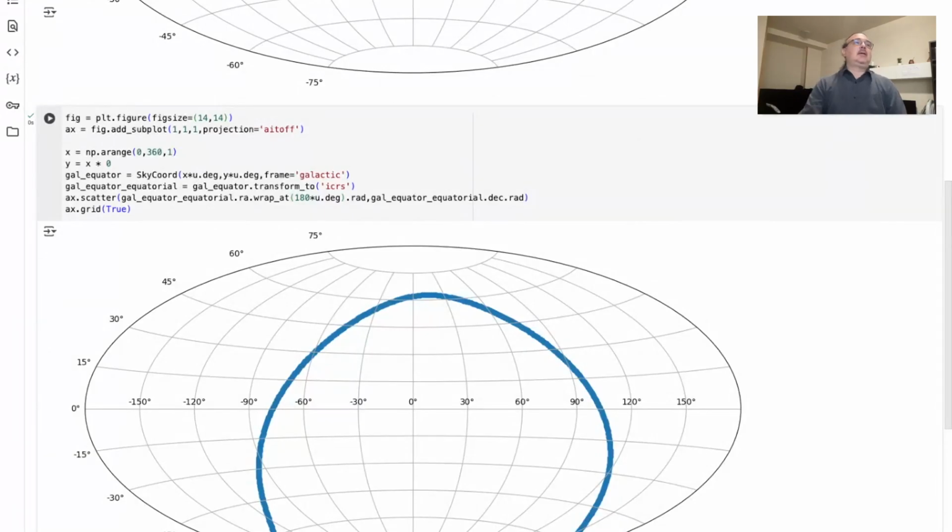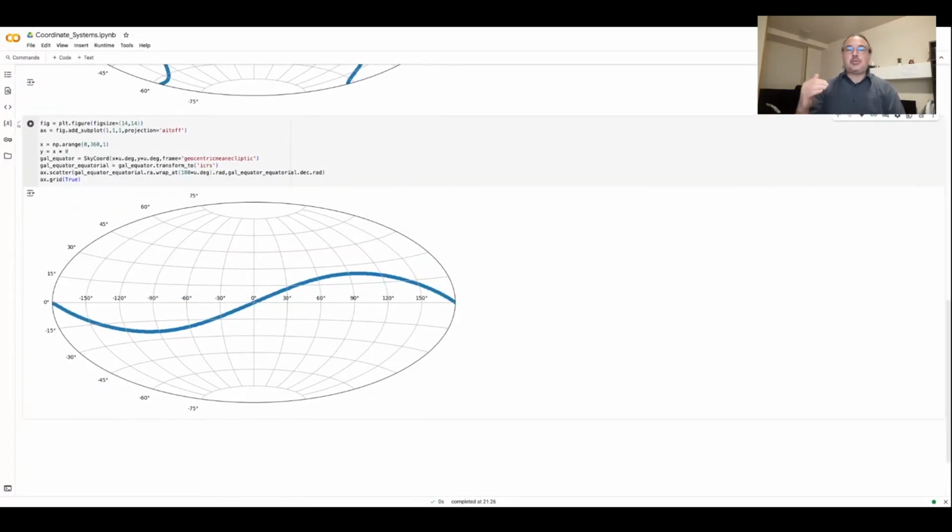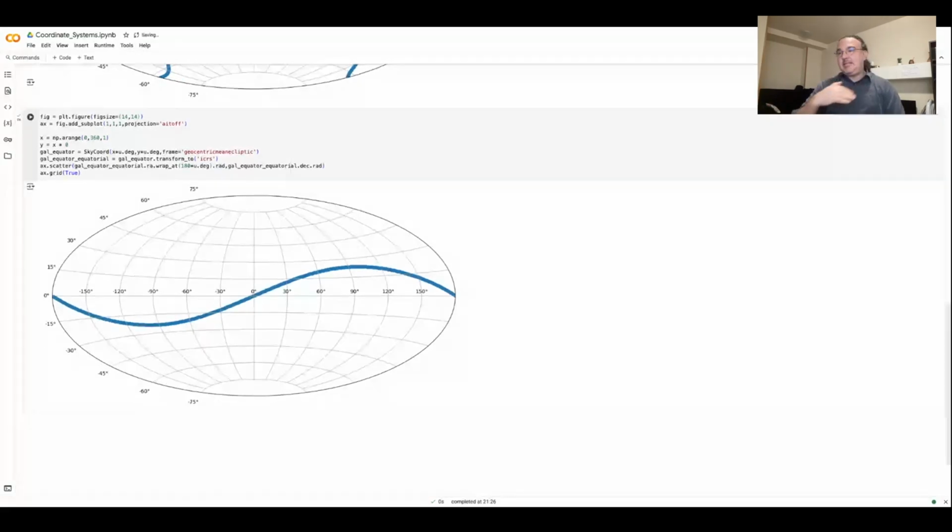So if I go back here, if I try to see the position of the Sun along the year in the coordinate system that the astronomers use, this is how the Sun moves. This inclination is actually due to the inclination of the Earth axis with respect to the orbit around the Sun.